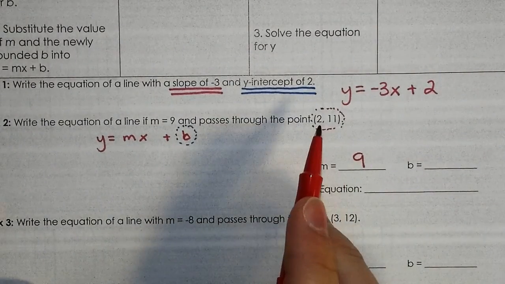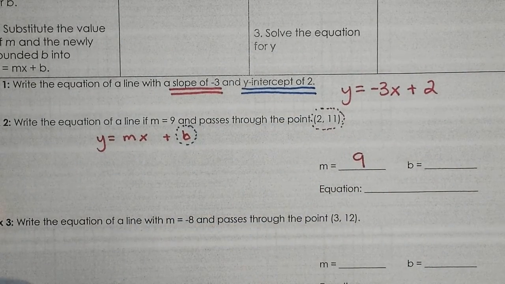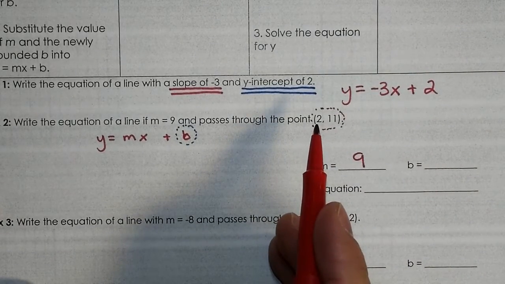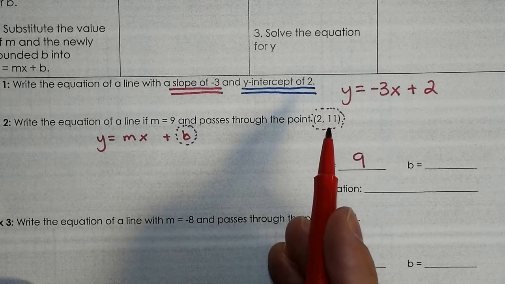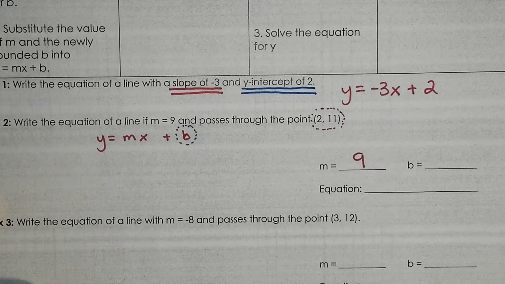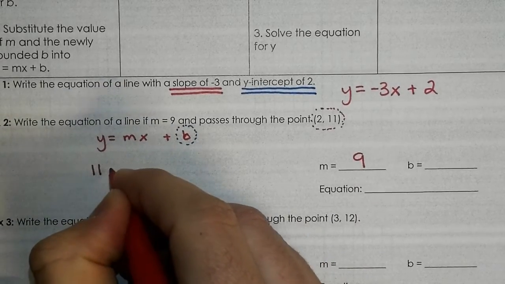Remember, 2 is our x, 11 is our y. So what does y equal? I'll say it again. It's not a trick question. 2 is our x, and 11 is our y. So what does y equal? 11. Okay, good. So we're going to put 11 for y.